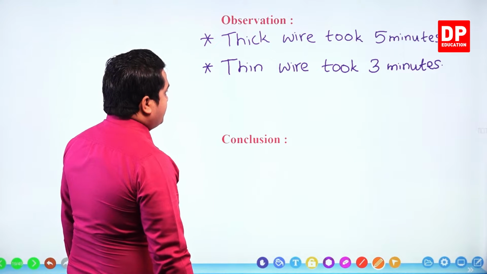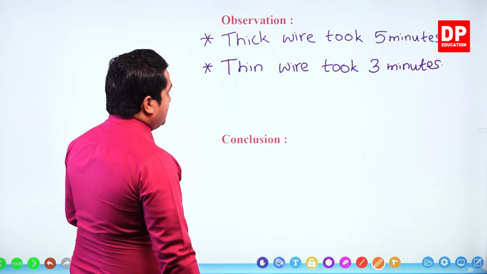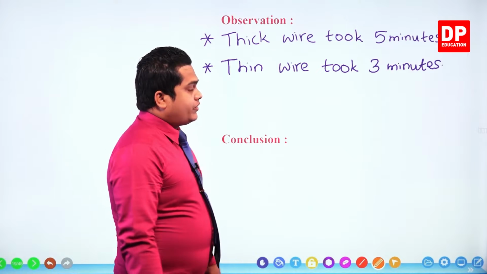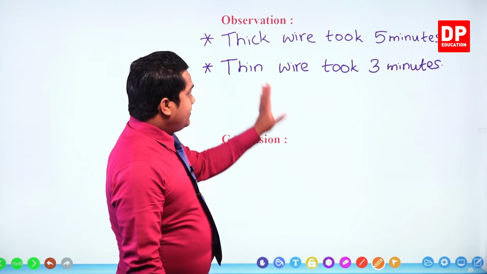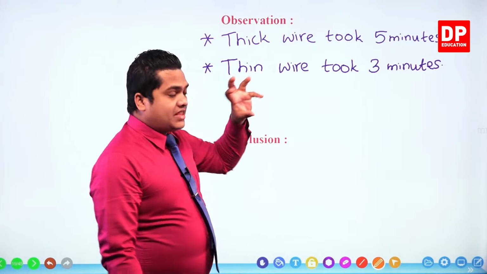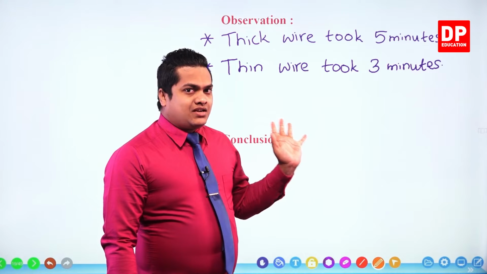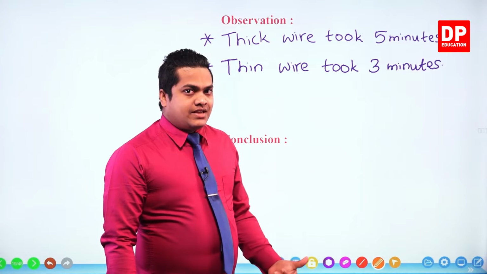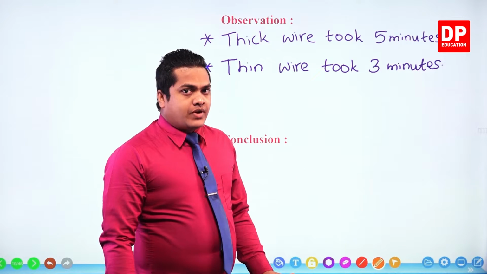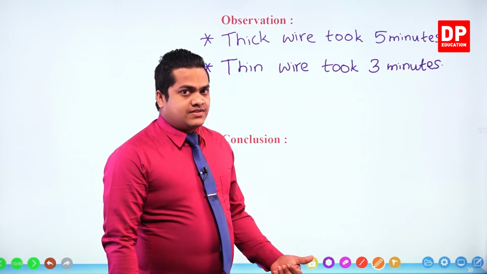So what is the conclusion from this activity? The conclusion is, now you can see it very clearly, thickness means greater surface area, right? Greater the thickness, greater the surface area.